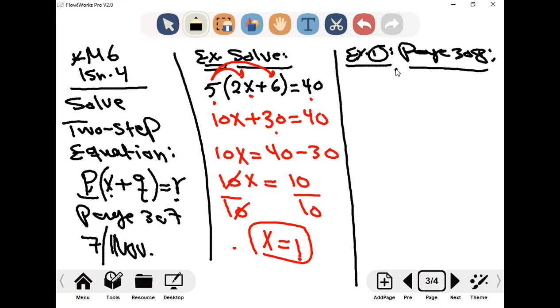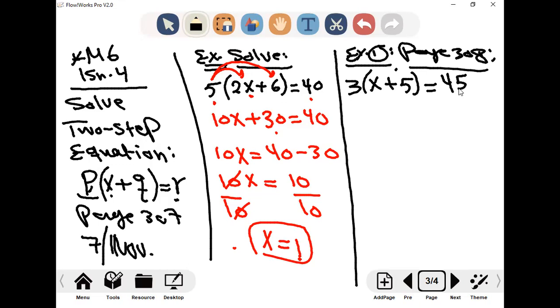Solve the following equation. 3 multiplied by x plus, sorry, x plus 5, all equal 45, right?